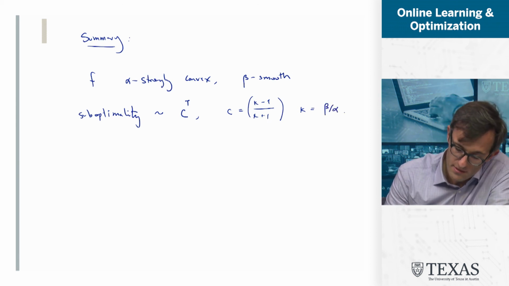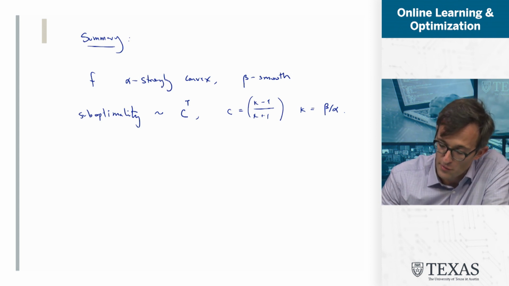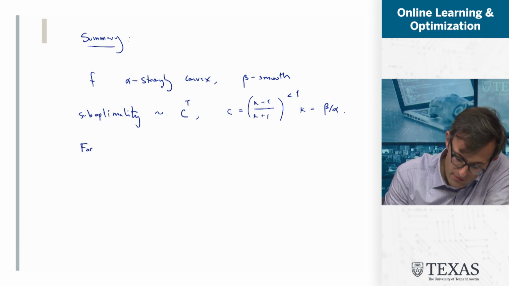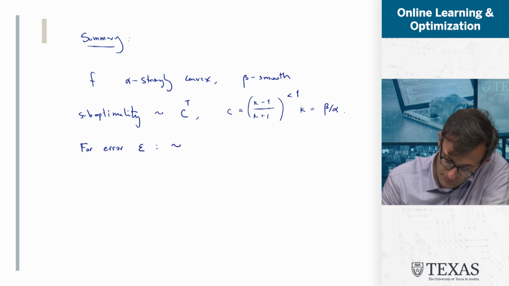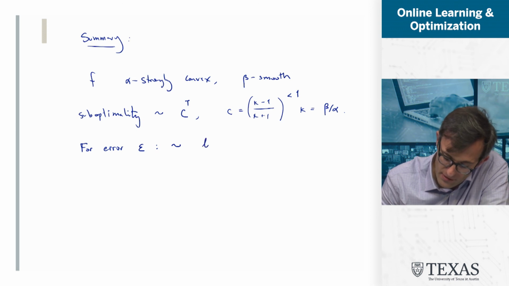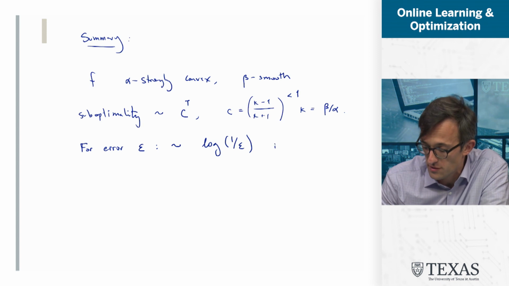So this means that in t iterations, we get very small error. And for error epsilon, how many iterations do we need? We need about log of 1 over epsilon iterations.